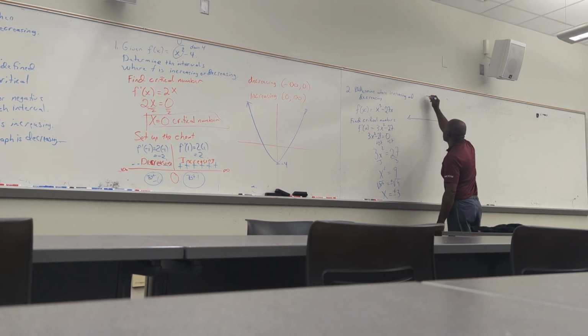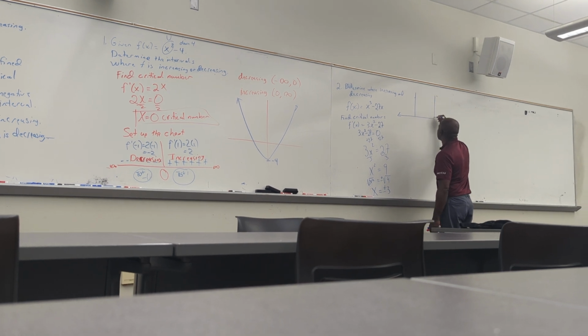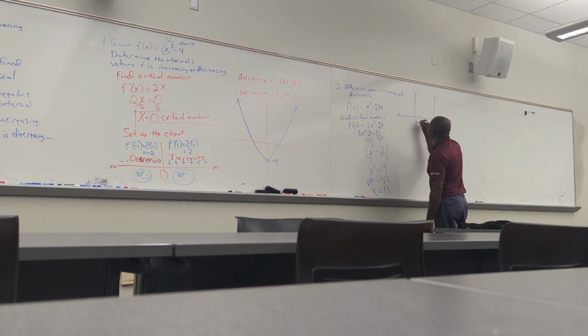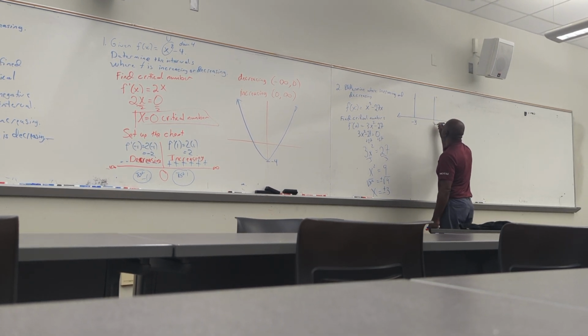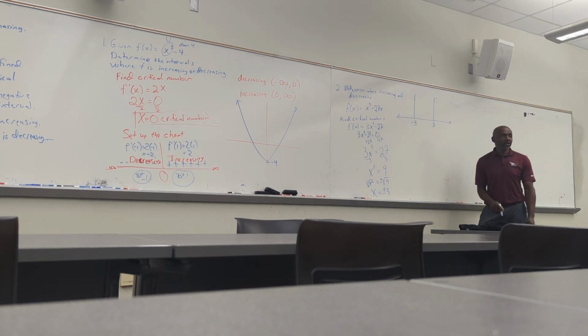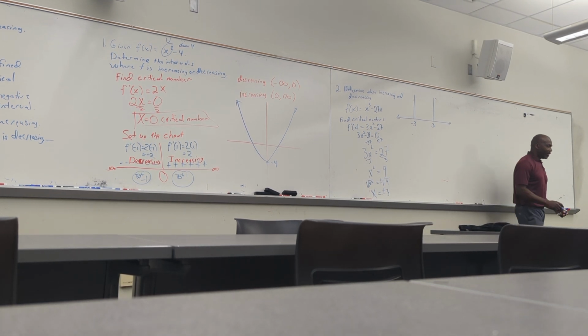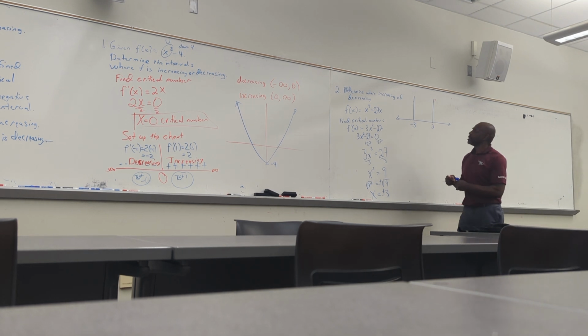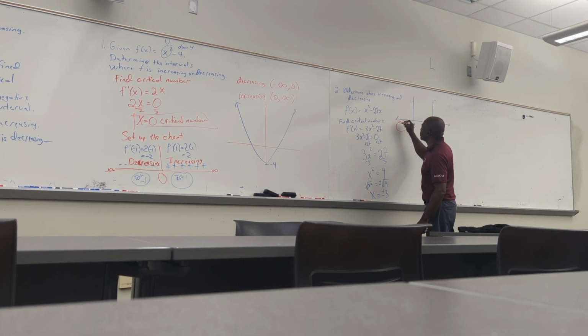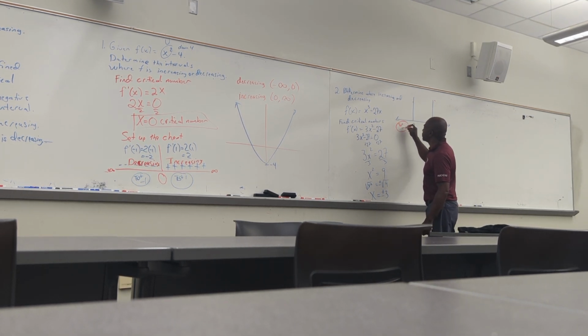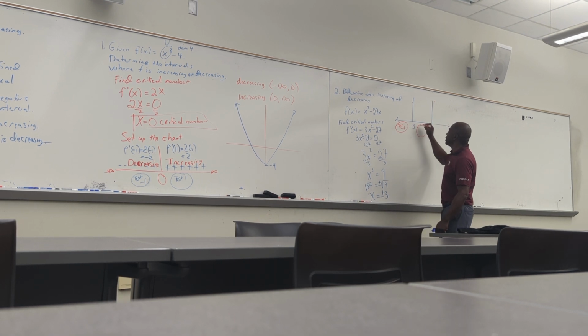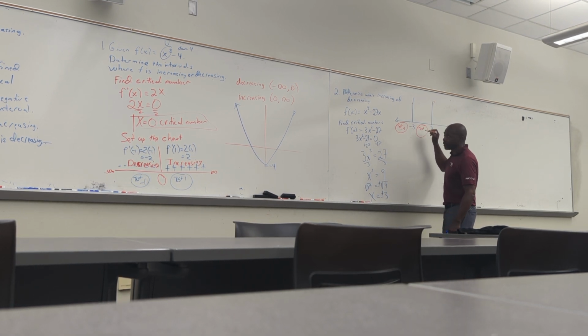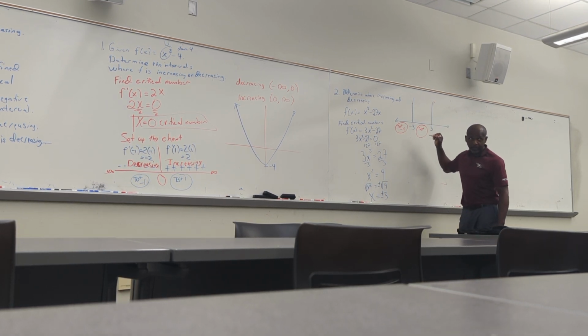Now I have to put my places on the number line. So this is negative 3, and this is positive what? 3. This is a chart. Now we pick some numbers to test. What number you like to test right here? Negative 4. What number you like to test in between here? 0.